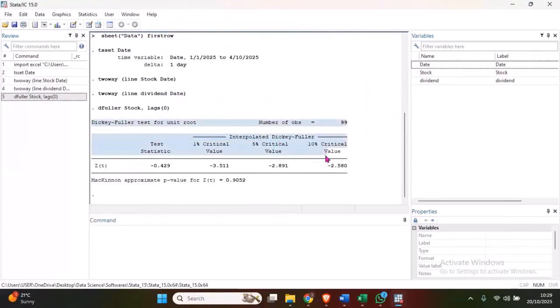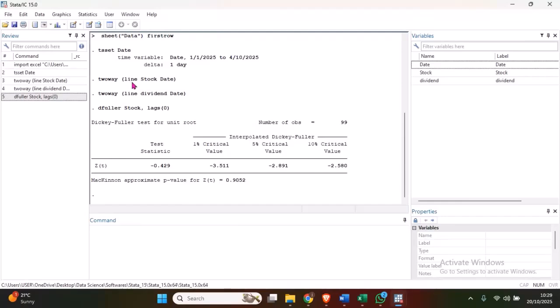If you look at this p-value, it is 0.9, which is greater than 0.05, which means that we fail to reject the null hypothesis, and we conclude that this series is not stationary. So at levels, it is not stationary.